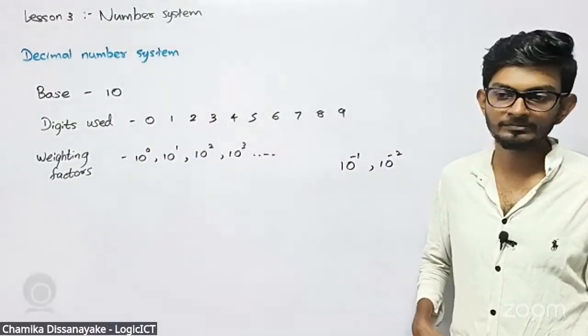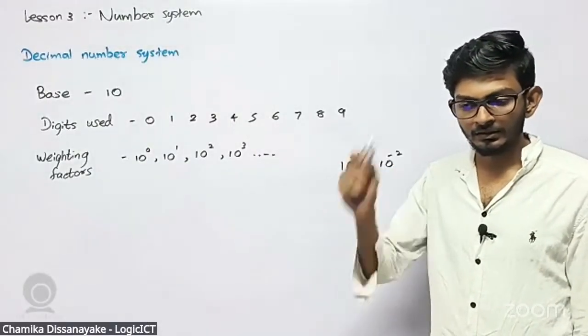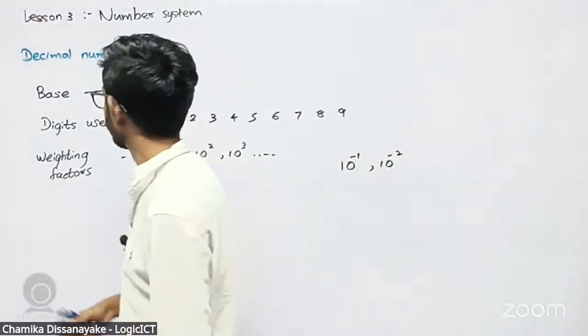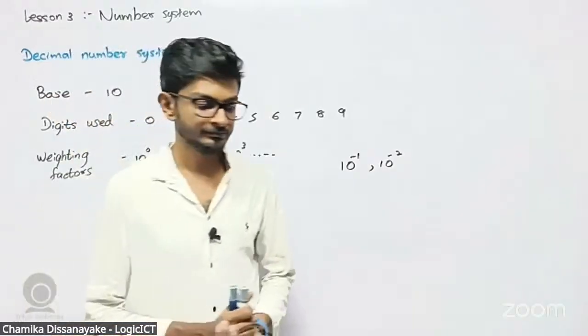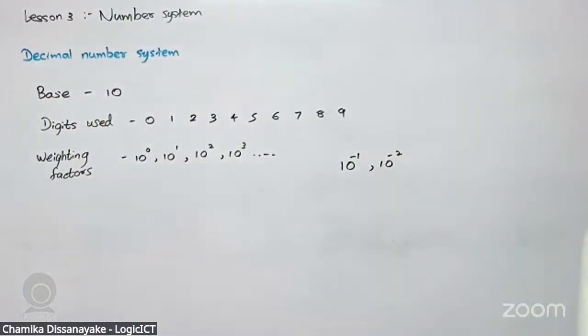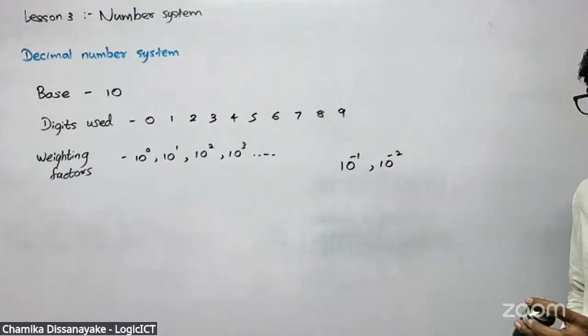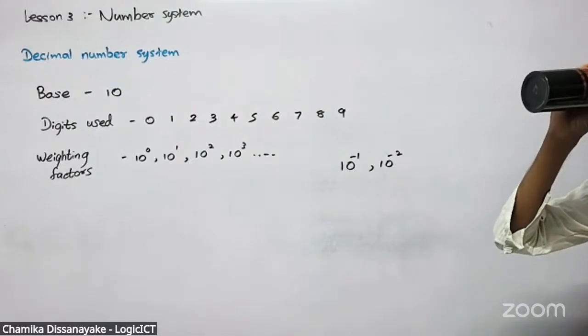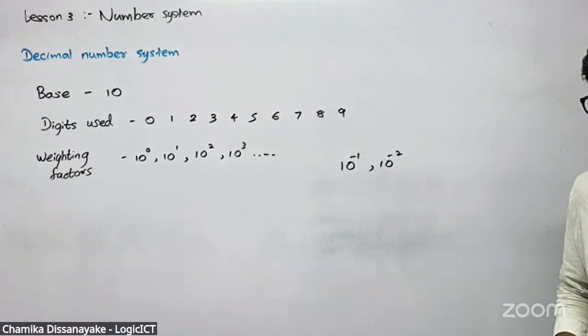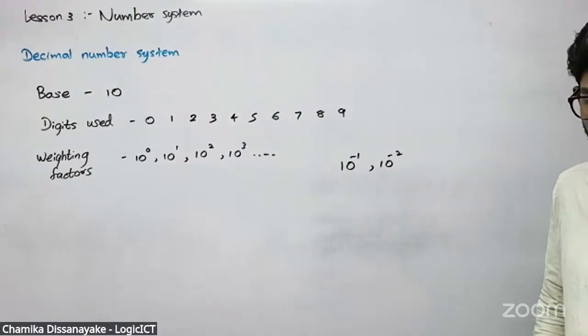Okay, let's write these things. Just write the topic: decimal number system. Write like this.